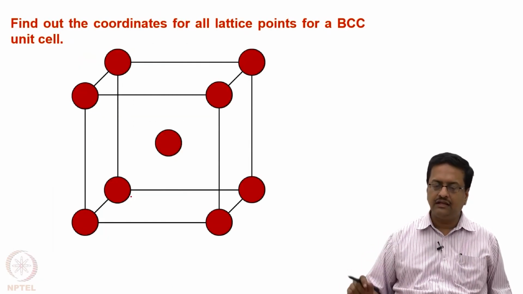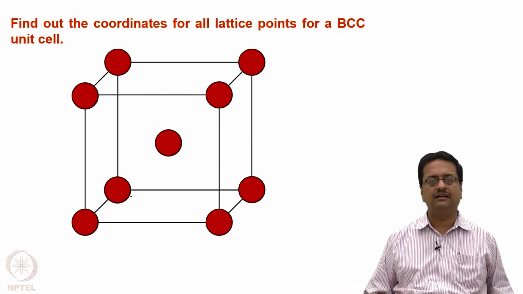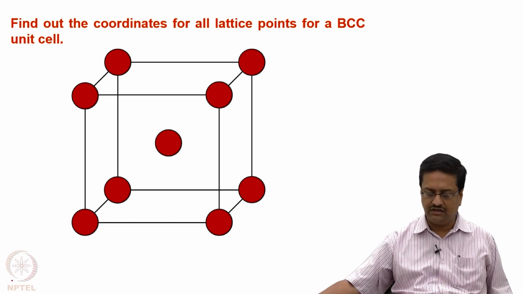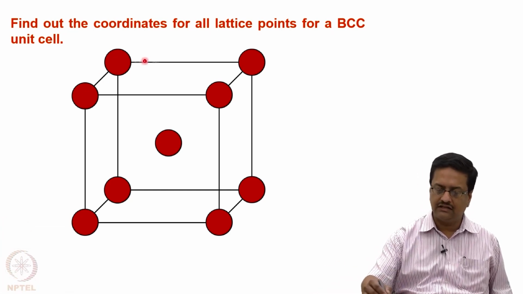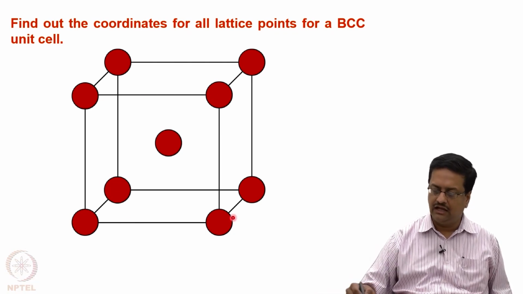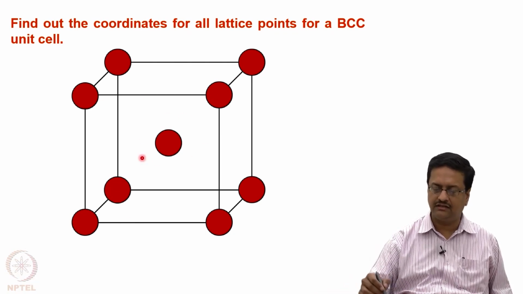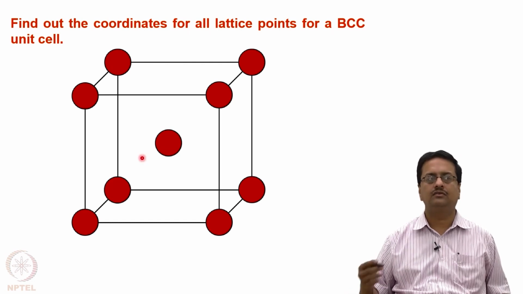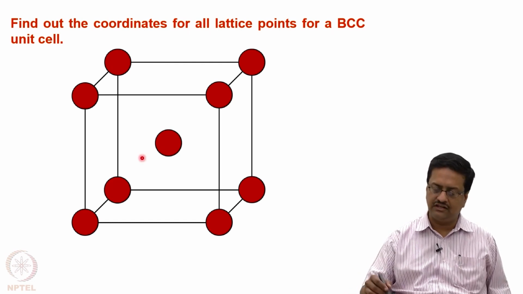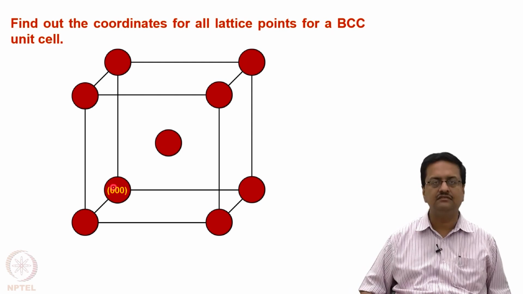So in case of a body-centered lattice, we have atoms at the 8 corners, as you can see, the atoms at 8 corners and the atom at the center of the lattice. What are the coordinates of those corners with respect to a given origin, which is 0, 0, 0?